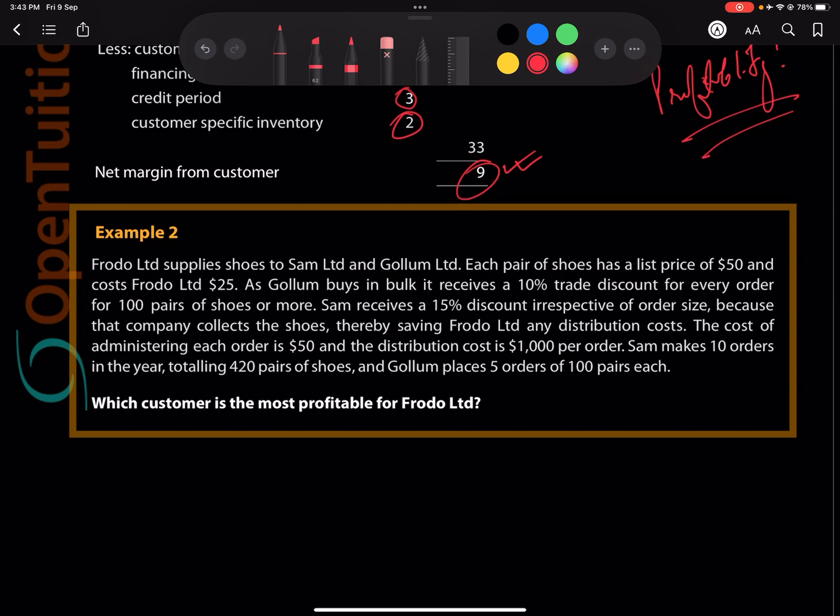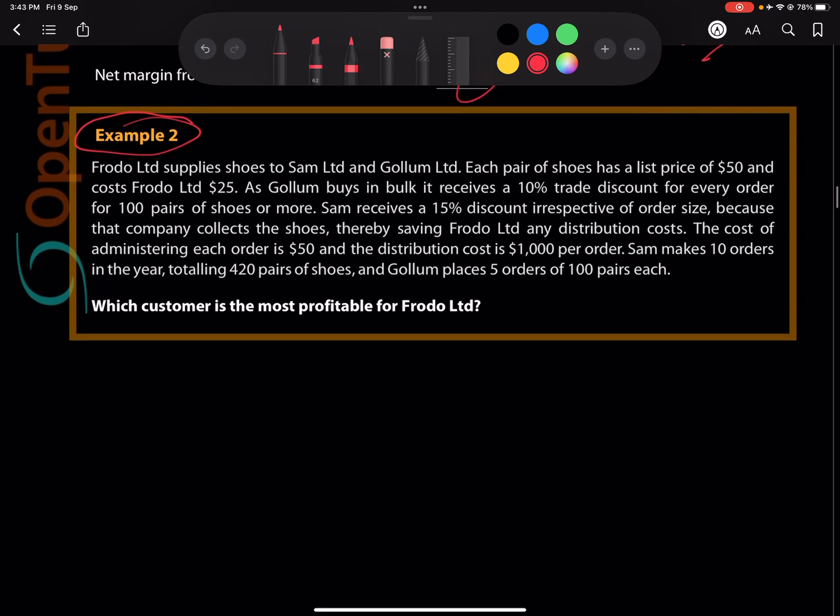Right, so we could look at this particular example as well. We supply shoes to Sam and Gollum. The shoes have a list price of $50 and cost $25. Gollum buys in bulk and receives a 10% discount for every 100 pairs of shoes or more.